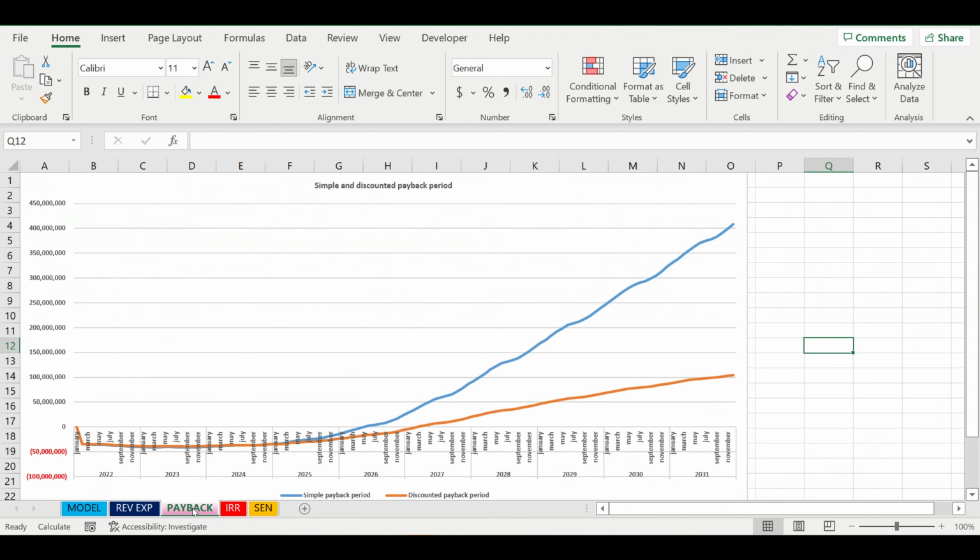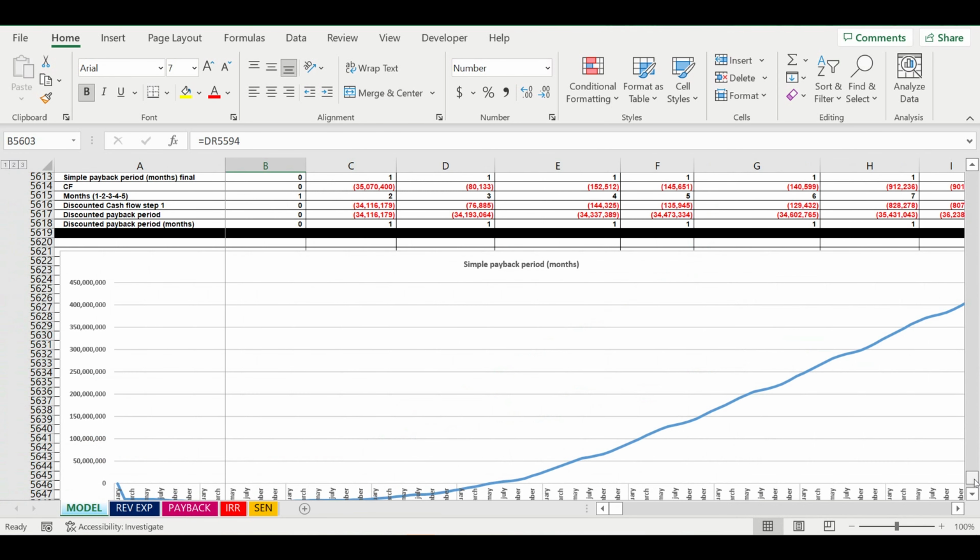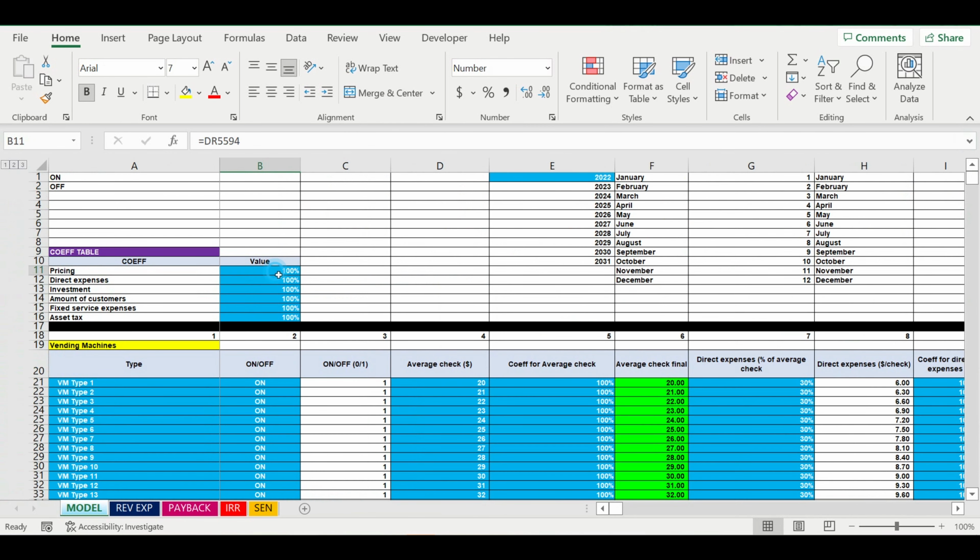We can start using different coefficients to adjust the level of revenues, the level of expenses. So first of all, after putting in all this data, you will see the financial efficiency of your business idea for the first time. You will just go up and start playing with these coefficients, and you will get acquainted with your business idea.